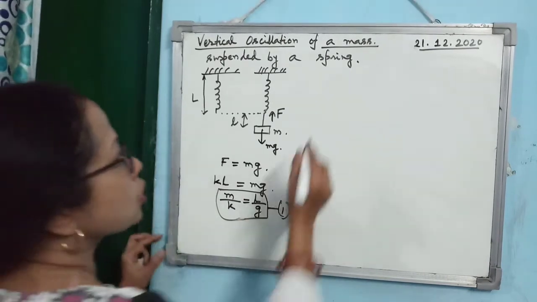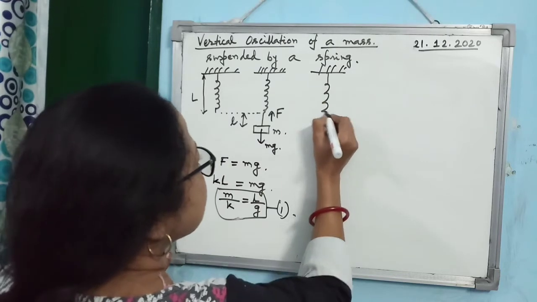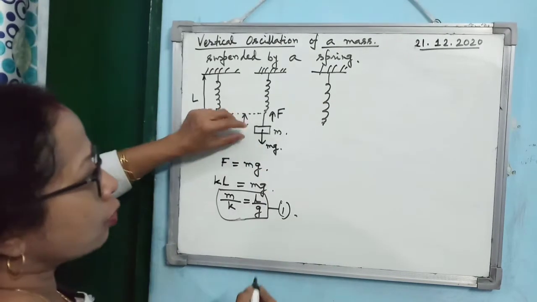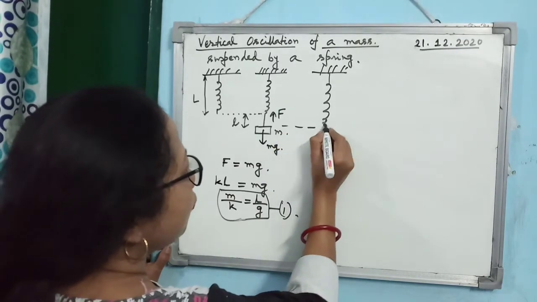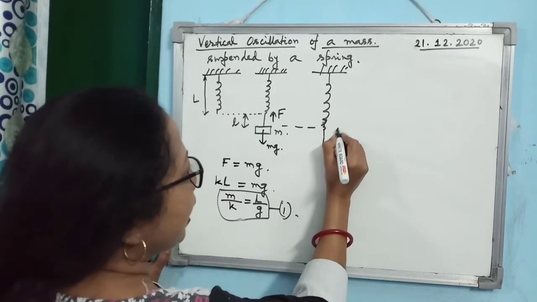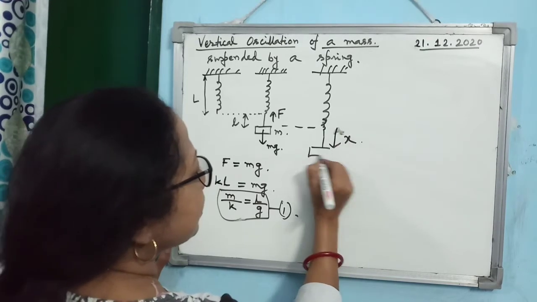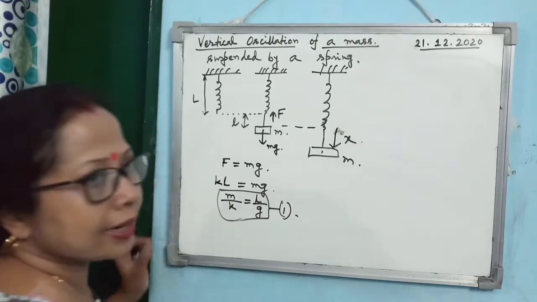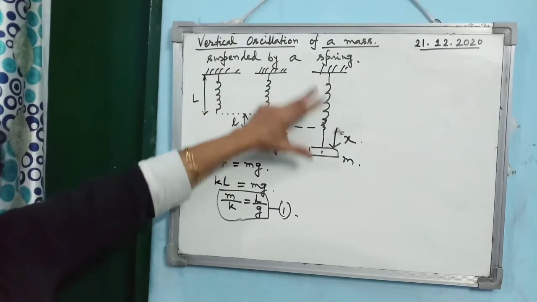Clear? Next, what you are doing? Due to this elongation, it was already down by an amount L. Now further, you have displaced it by an amount X in the downward direction, and it is released. Look at the diagram. The diagram is very important.